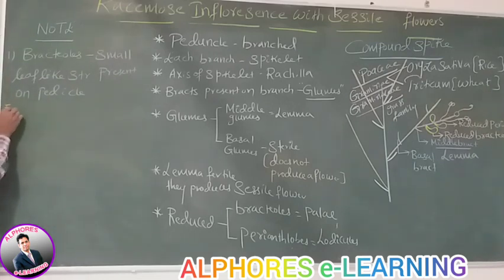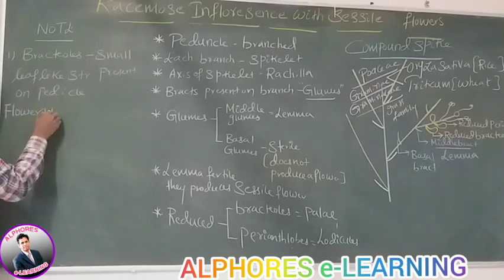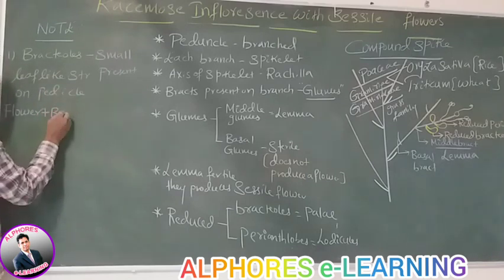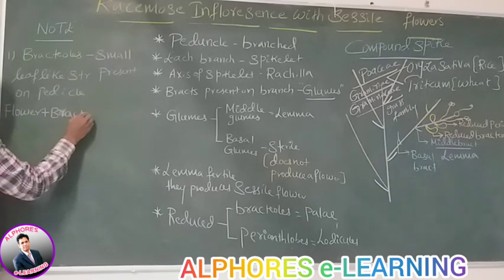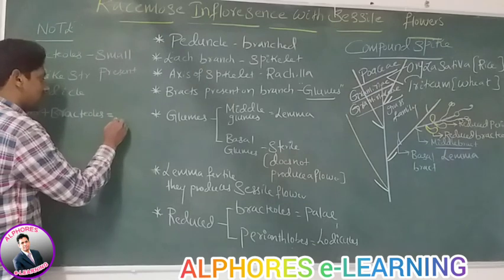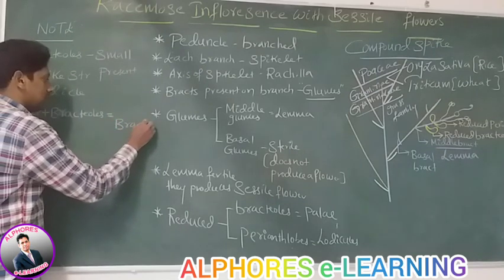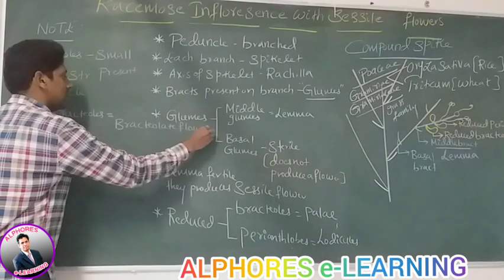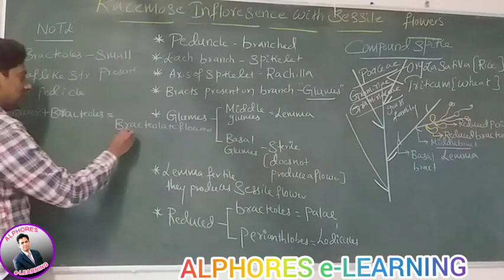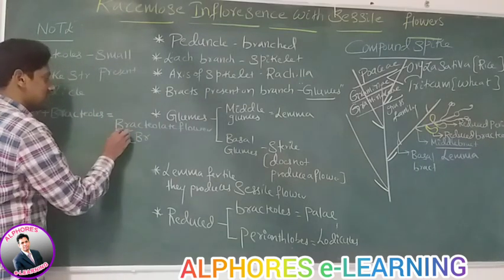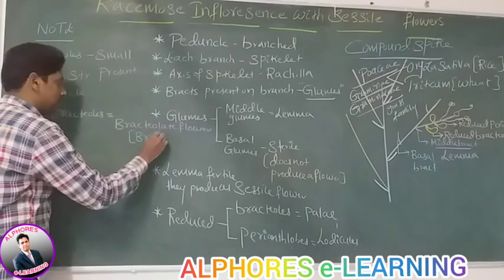Take a flower. If this flower is with bracteoles, it is called a bracteolate flower. The symbol for bracteolate flower is capital B, small r, small l.